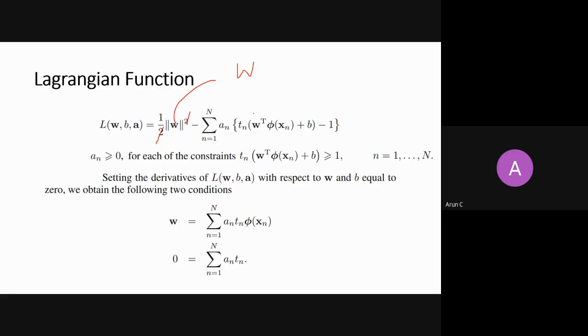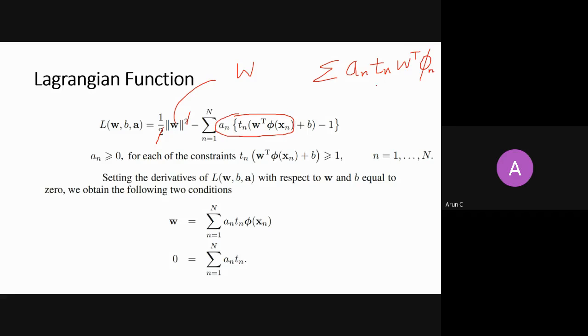And from here, the second term will be summation a_n t_n and this is w transpose phi_n, just to make it short, phi_n.